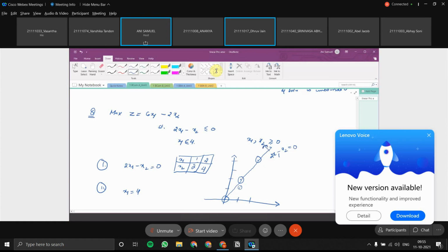Next, x1 is equal to 4. Okay, I didn't plot 1, 2, 3, 4. This is my x1 equal to 4. I'm so sorry.